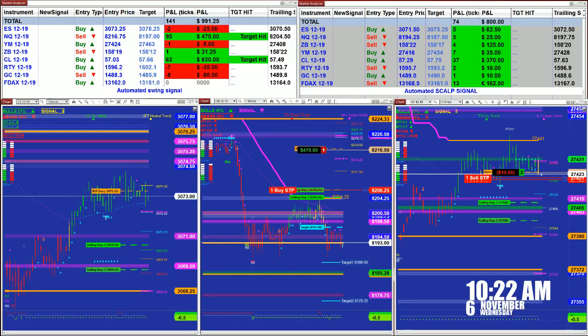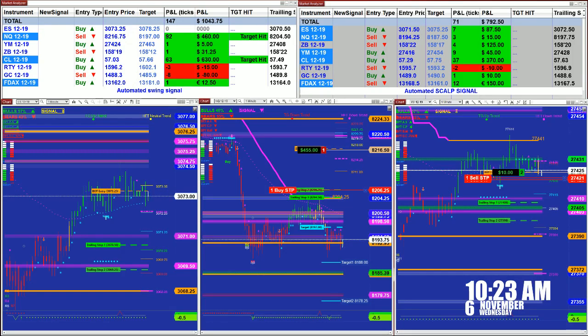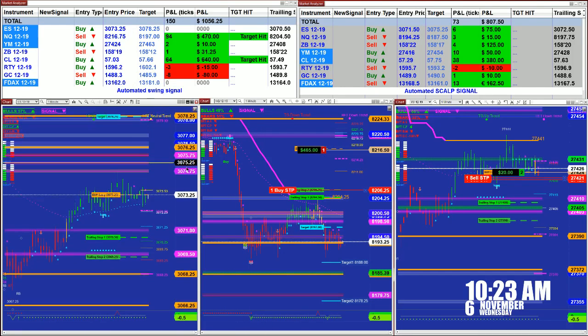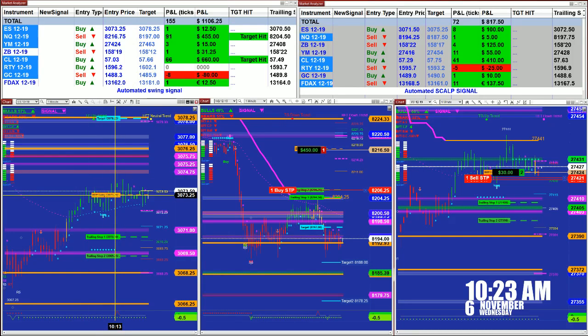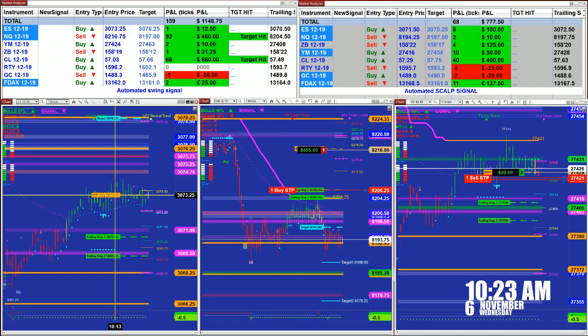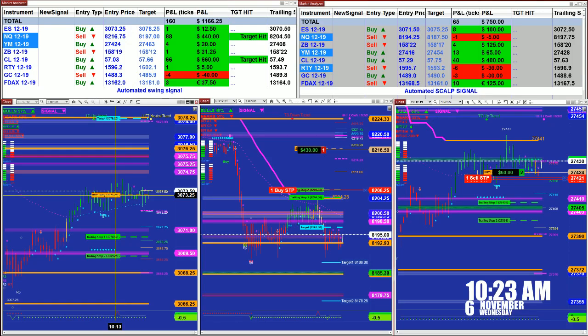We have 7-8 minutes for a CL inventory, and I don't know what will happen after the inventory, but as we see here, don't trade the ES at the moment until we are finished with the oil inventory, and then we decide.